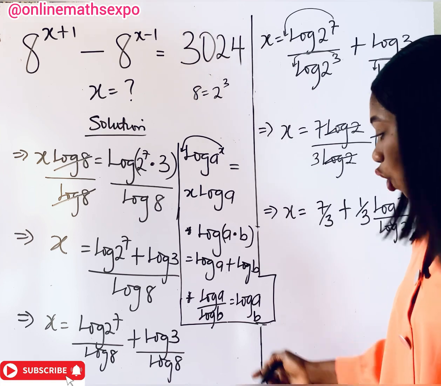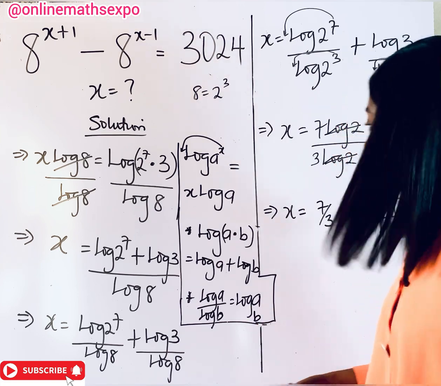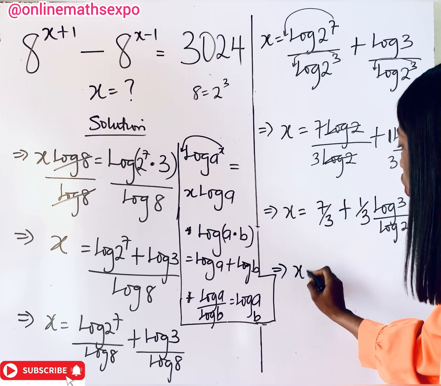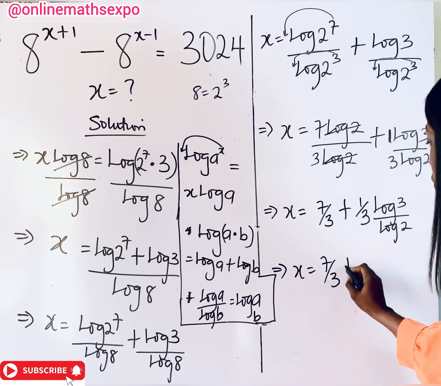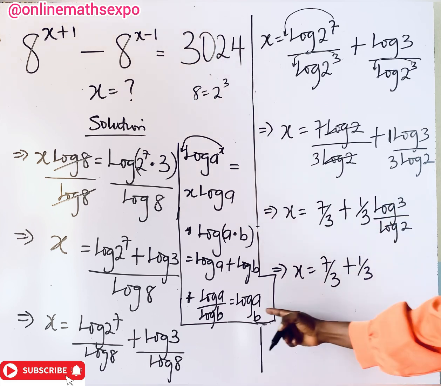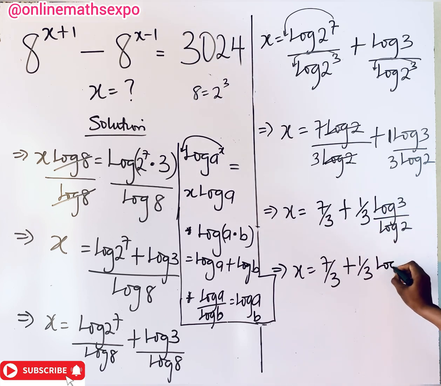Did you see that? We call it the change of base rule. So what do you do here? We are going to now have x is equal to 7 over 3 plus 1 over 3, then use this here. Did you see? So we're going to have log of 3, then base 2.